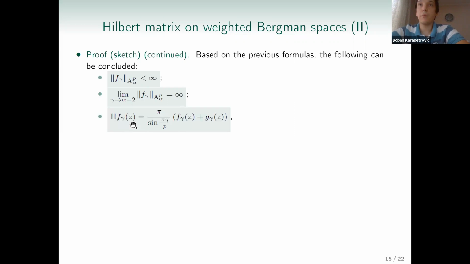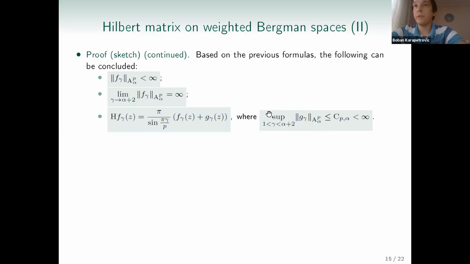And also we have the following representation. H of f_gamma is actually this quantity, pi over sine of pi gamma over P, times f_gamma plus g_gamma, for some function g_gamma. And also we have that the norms of the functions g_gamma are bounded.